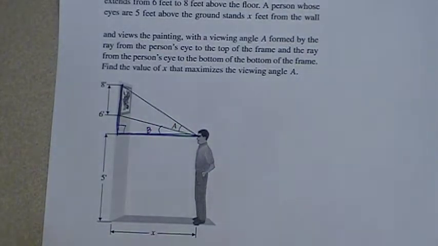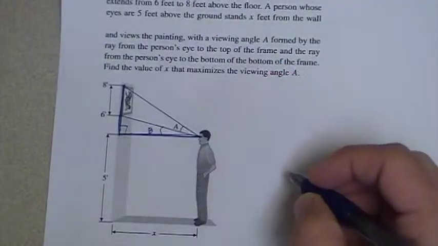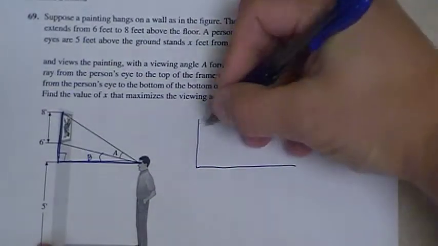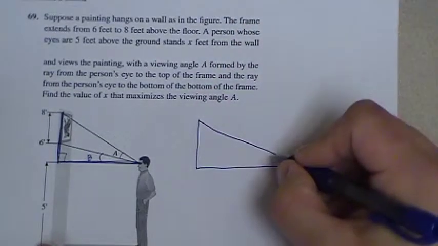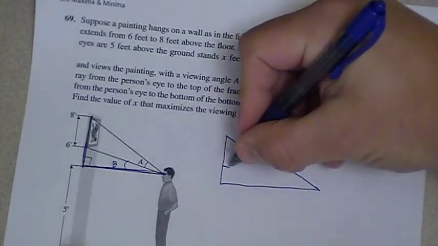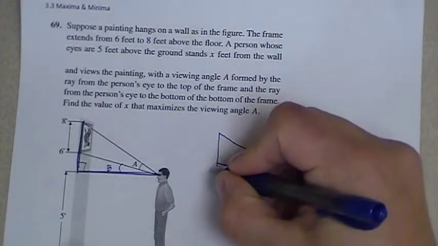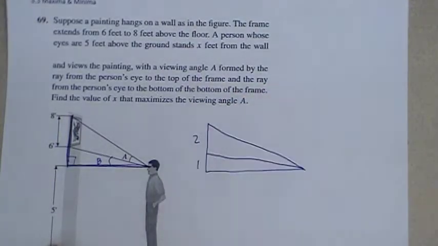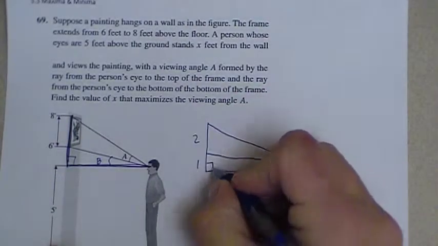If you think about what you know on this diagram, and if I draw the triangle off to the side here just to get it out of the picture, we know that this is 1 foot. That's the distance between the person's eye level and the bottom of the painting. This is 2 feet. That's the height of the painting. We do know that that's a right angle.